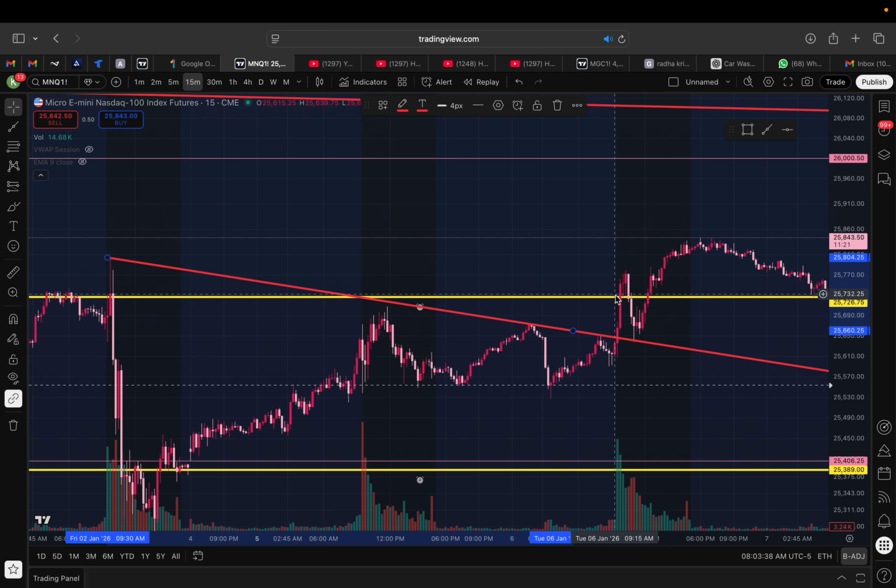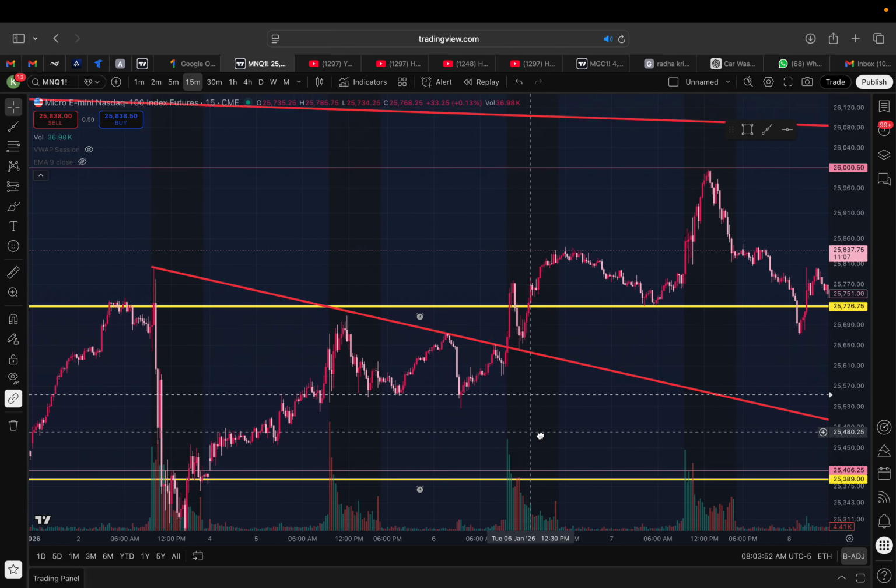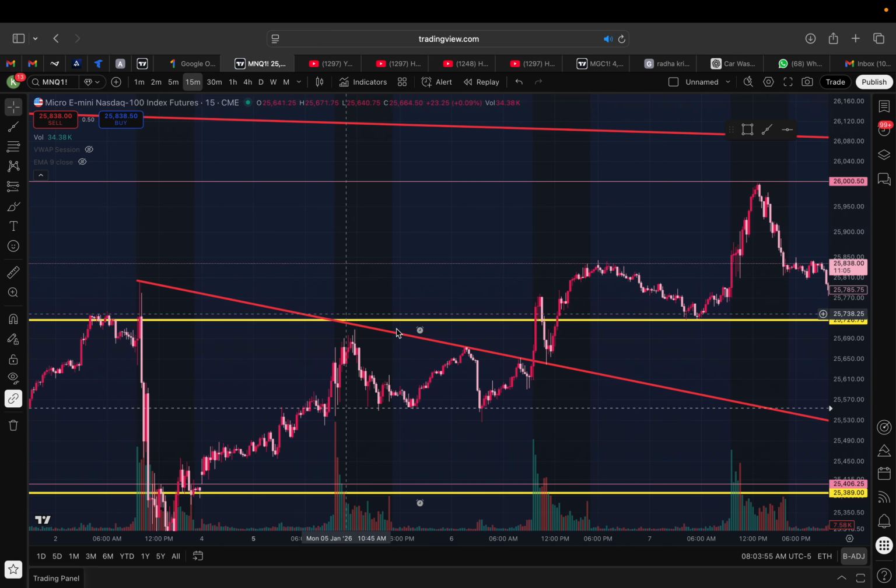Almost, you can see, 3 touch points to break. On MNQ I don't wait for a retest, but here this was a break and then a retest and then it went again.